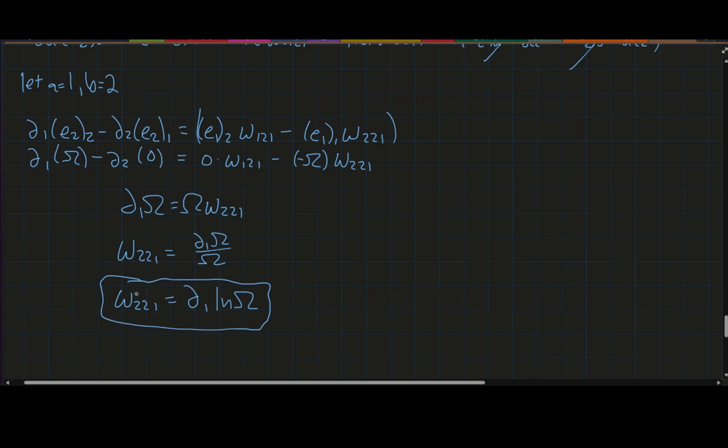Okay, so we have these two W's now, but it's important to remember that what we've been calculating are WA mu nu. And in the actual equation that we're going to use for the Riemann tensor, those W's are W lambda mu nu's. And so there's a relationship between these.